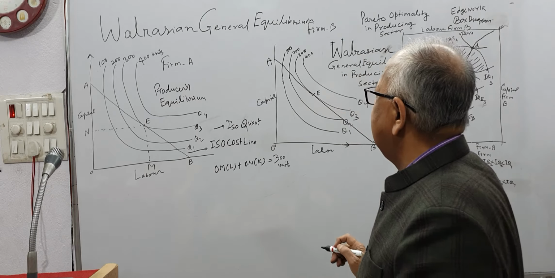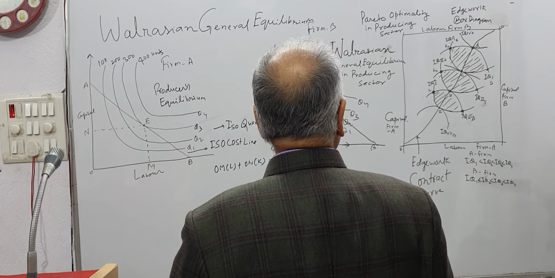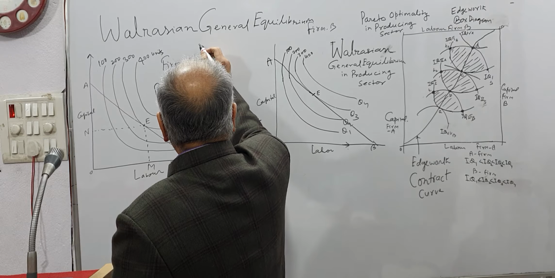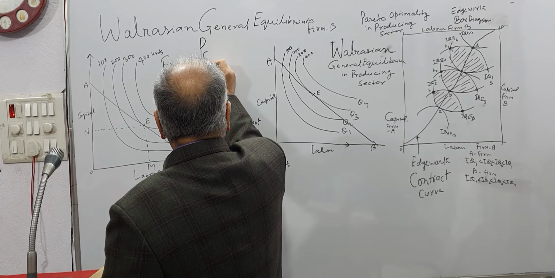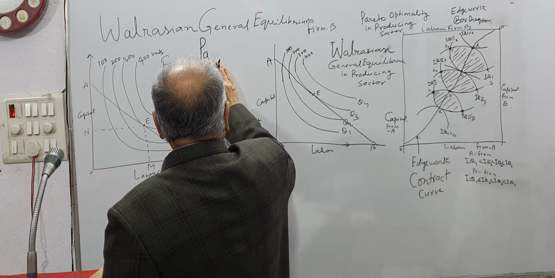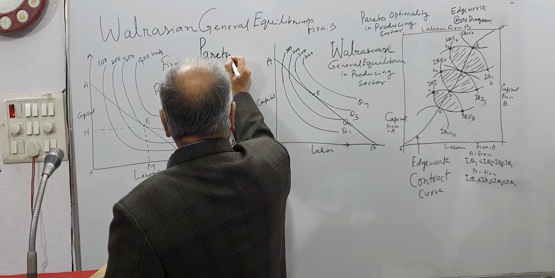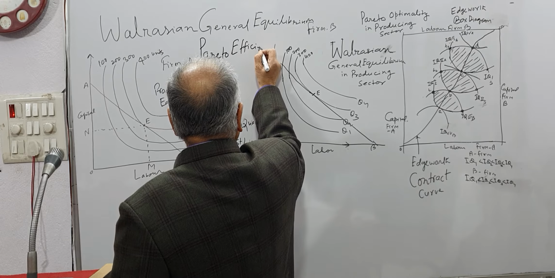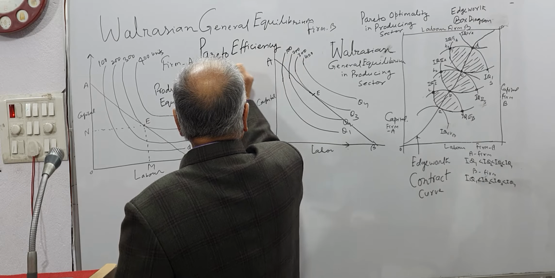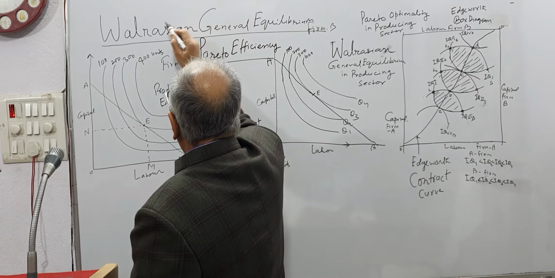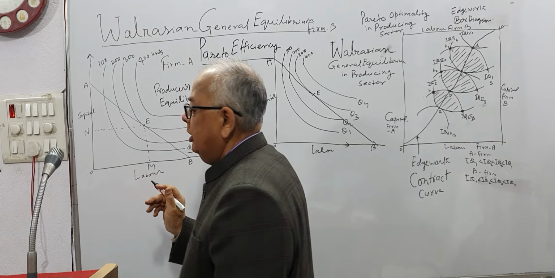So what we see here is Walrasian equilibrium, Pareto optimality, Pareto efficiency, Walrasian general equilibrium.